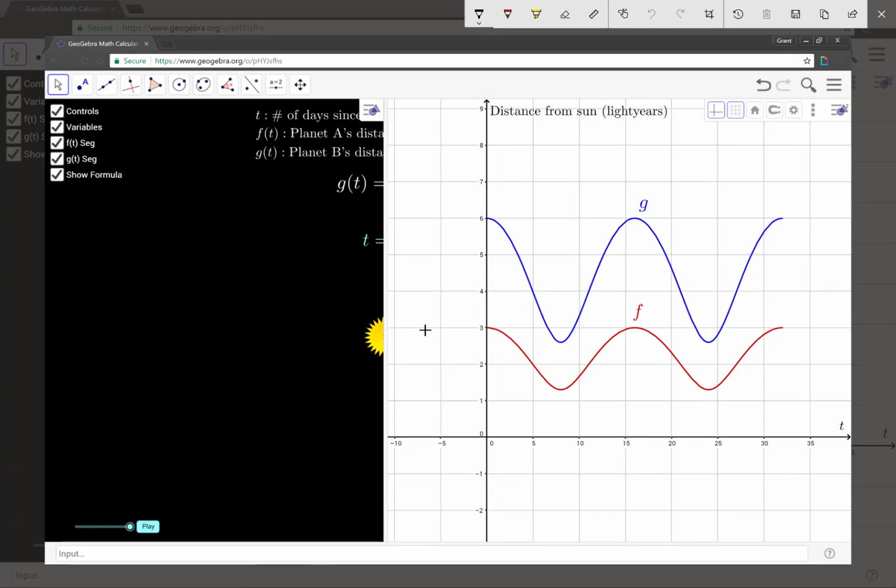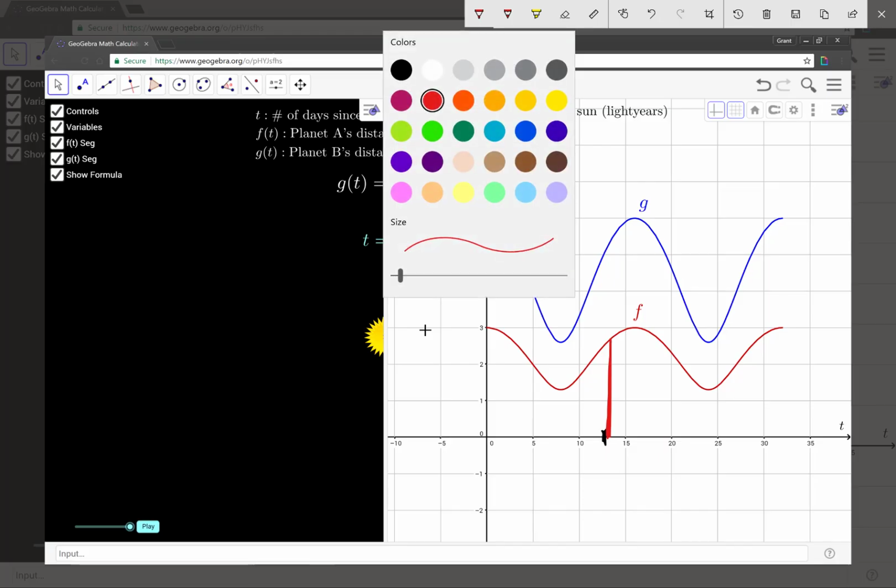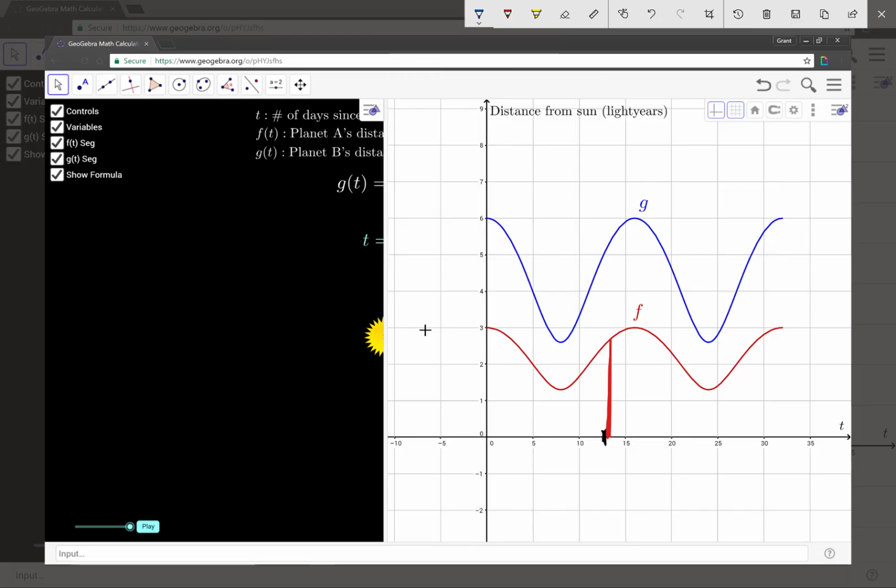If we pick any value for t, maybe we'll pick t right here, we can examine the corresponding value of f of t. So we'll draw a segment to represent f of t, and we know that g of t must be 2 times as large. So if we drew a segment that's 2 times as long as the previous one I just drew, it'll be about that long.